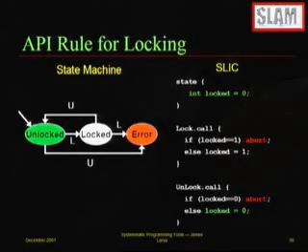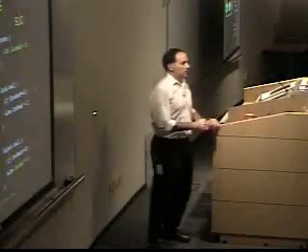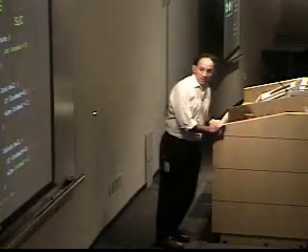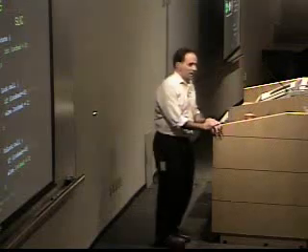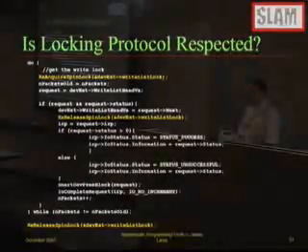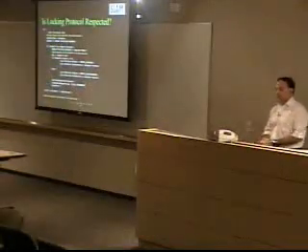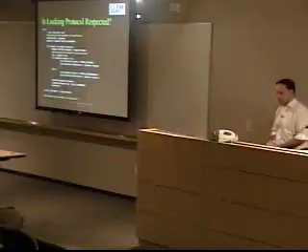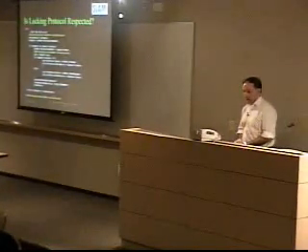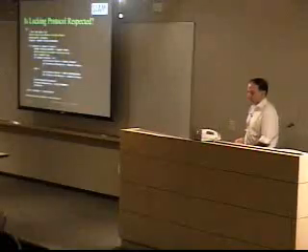In Slick, it would look something like this. The idea here is that it's a state machine in the classic state machine sense. It's written in C code, so it looks very natural to a programmer writing down this kind of specification. So the question is, if you get a piece of code like this, which is, I think, from one of the Windows 2000 device drivers, and it has the code in yellow, which requires locks.